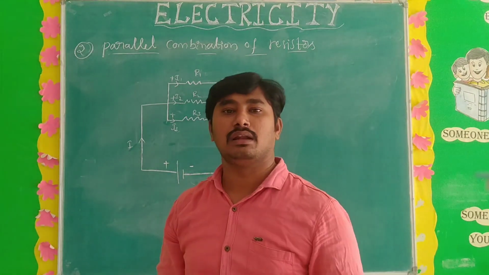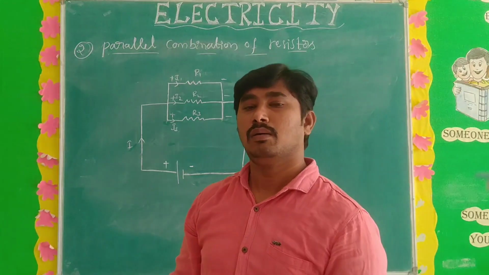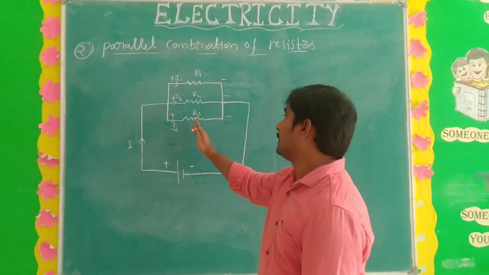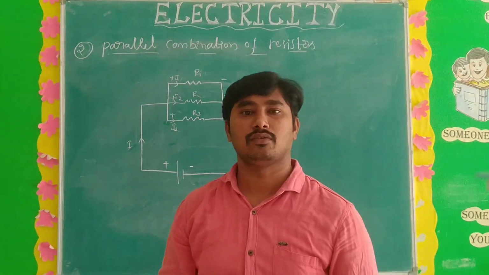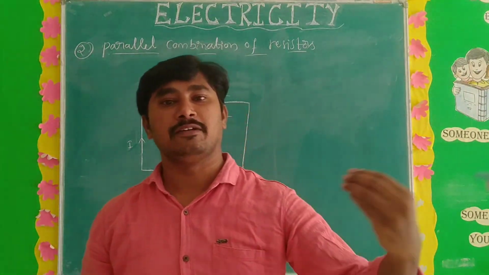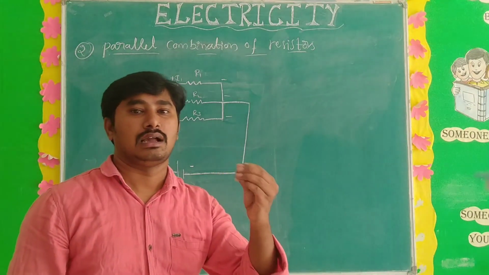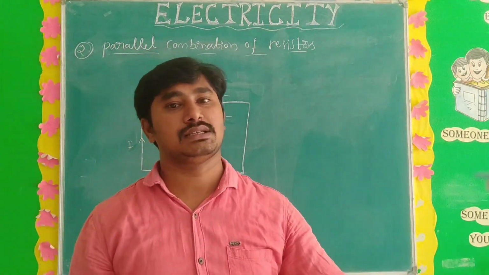In the parallel combination, current changes but voltage is constant. What is constant? Potential difference is constant and current changes, because there are multiple ways for the electric current to go. That's why in the parallel combination the current changes and the potential difference is constant.